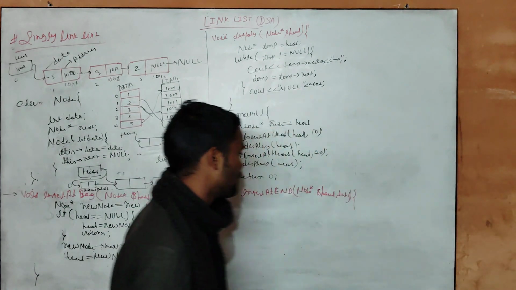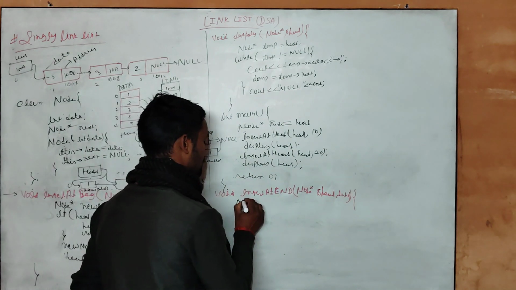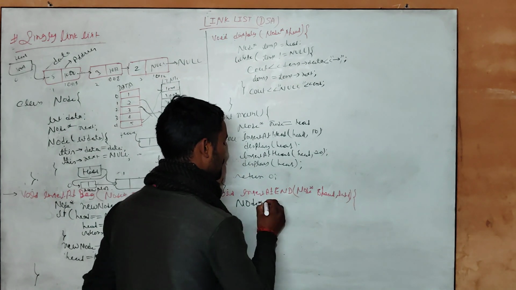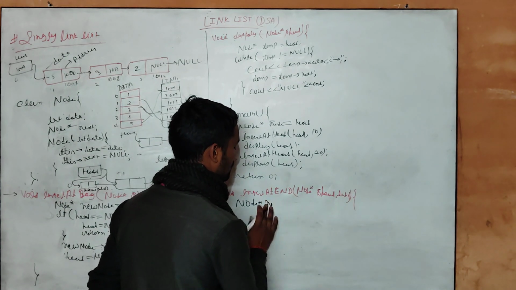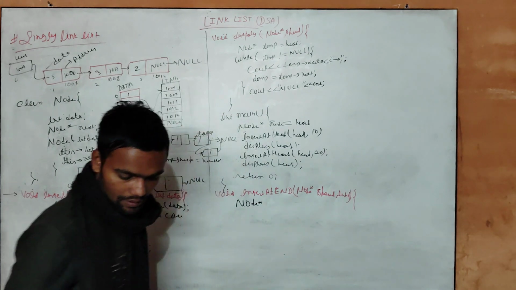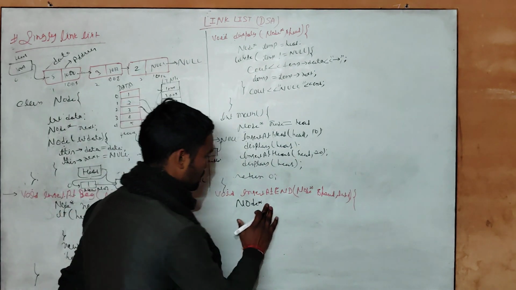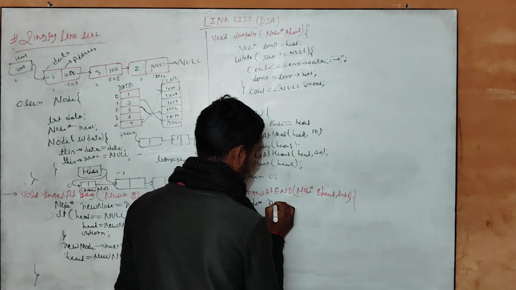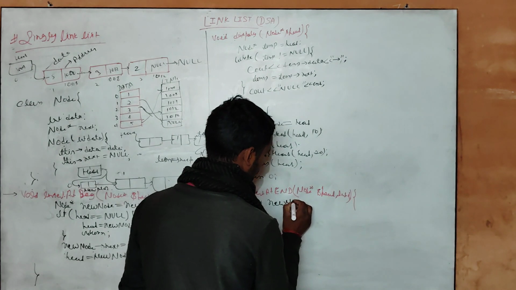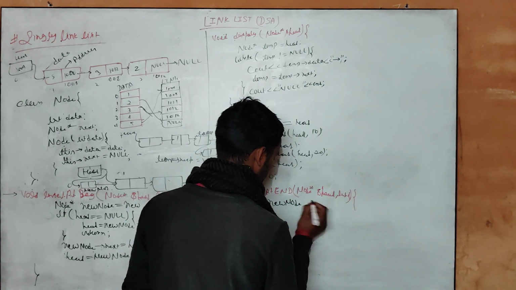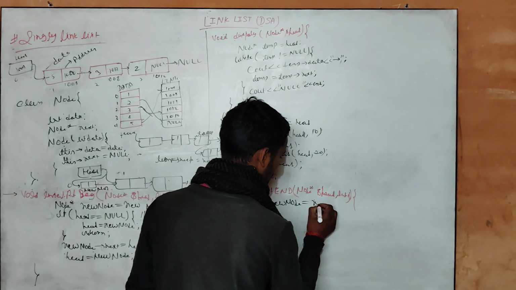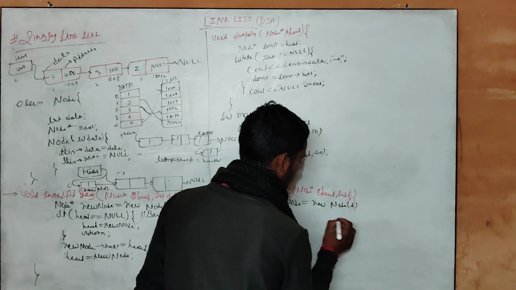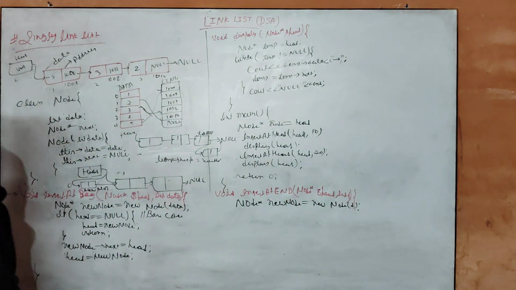First let's see how it works. I'm creating a node, then new node is equal to new keyword node, and simply insert data. Fine. Then what will we write here?